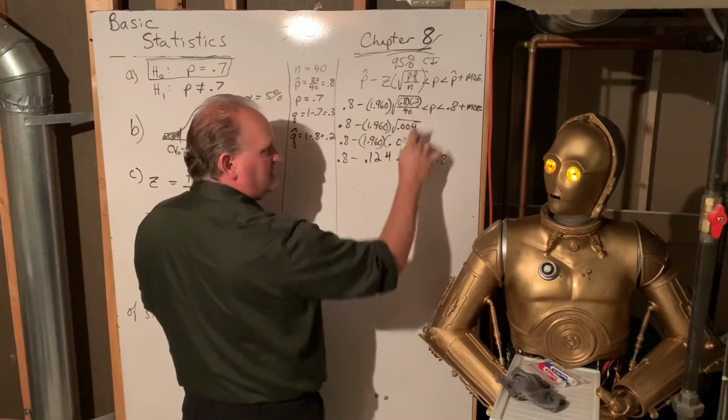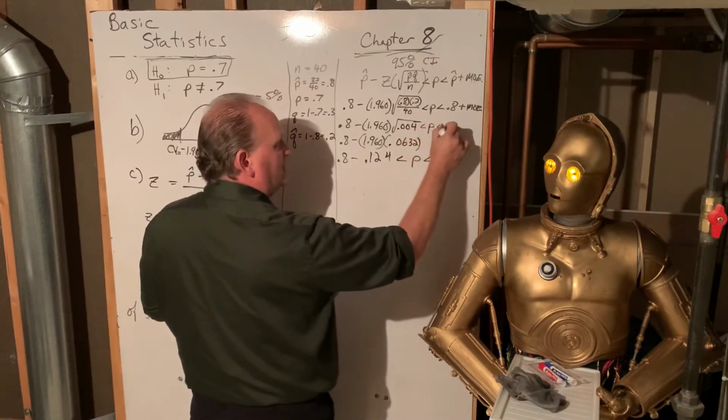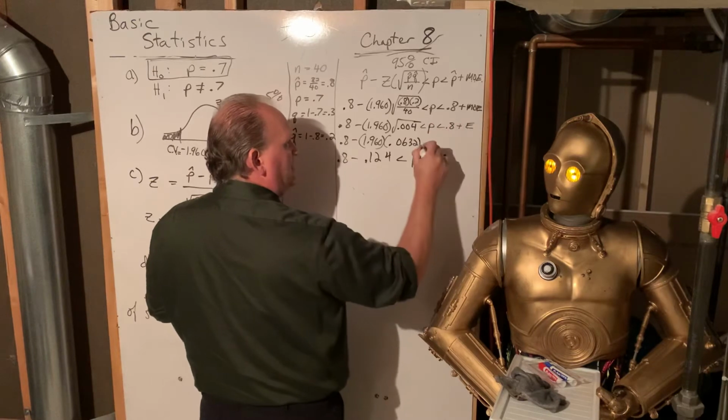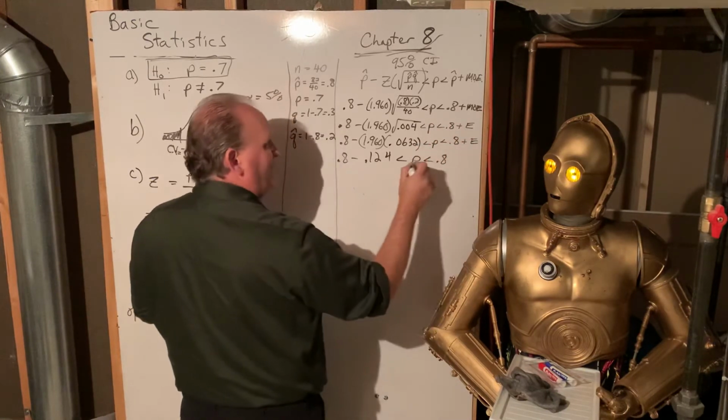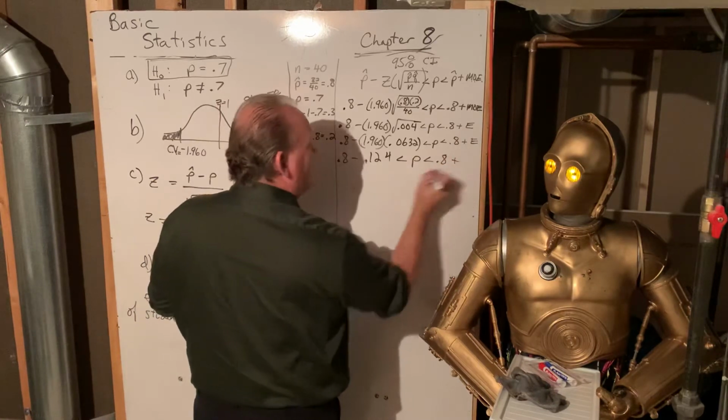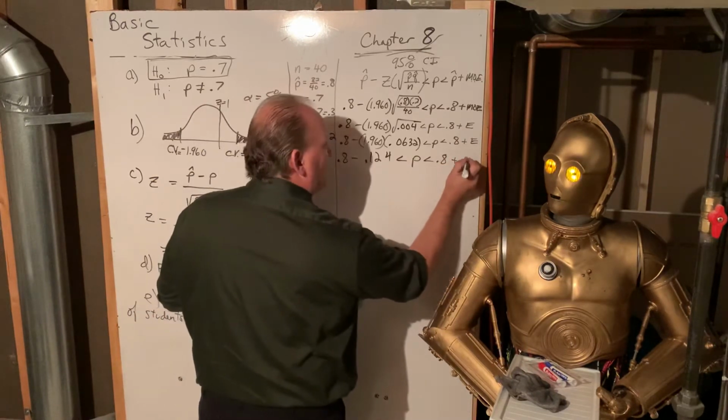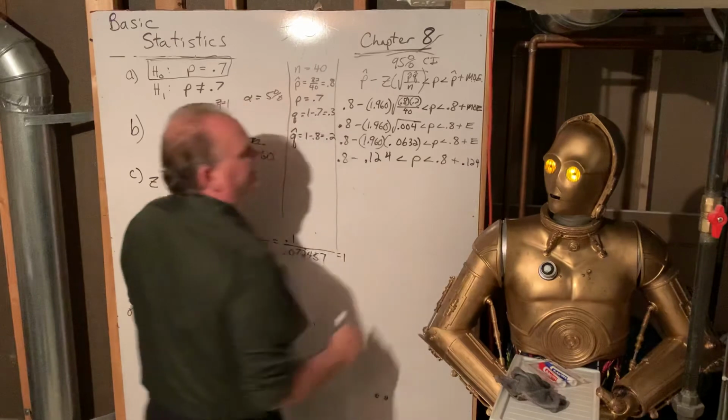You know, all of this is still there. Less than p, less than 0.8, plus, now we can put the error down. The margin of error is 0.124.